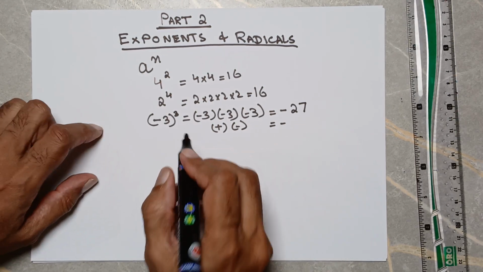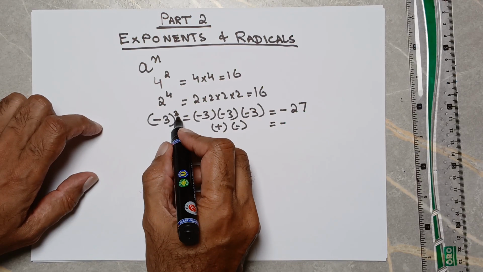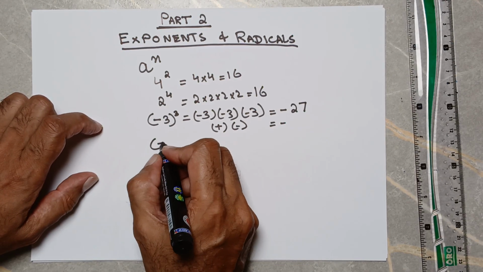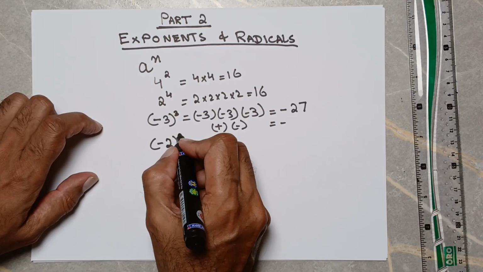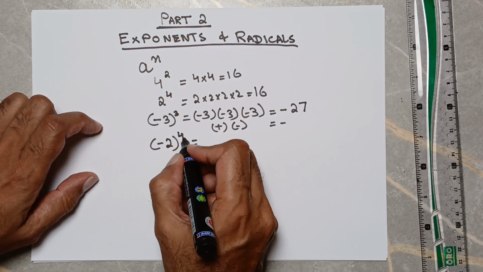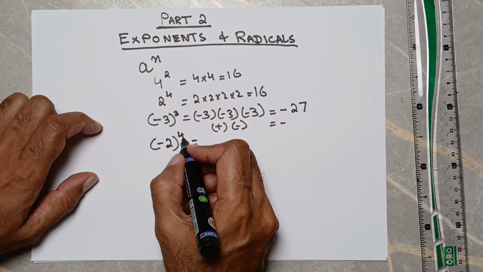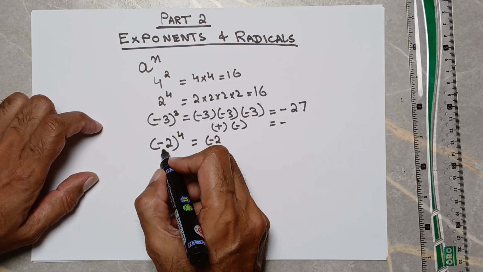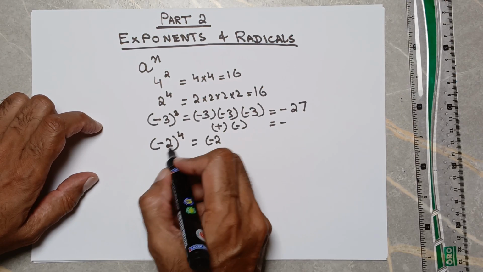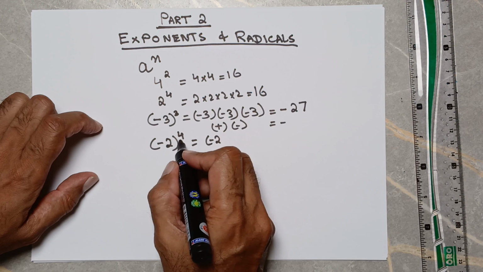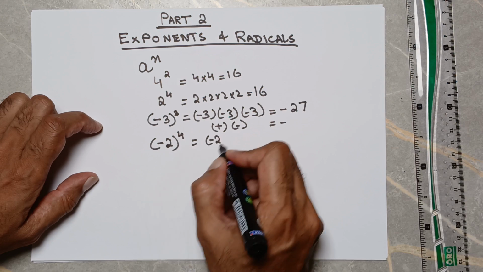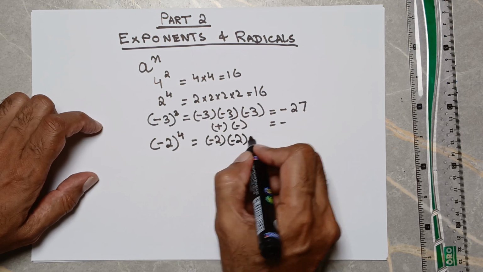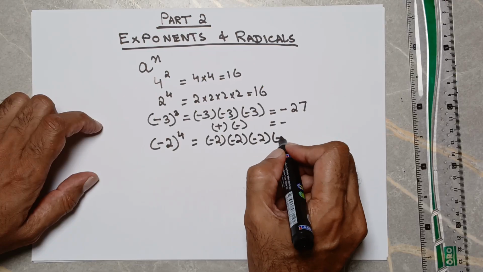But in case of an even exponent, suppose minus 2 raised to the power 4, now 4 is an even number. So I am going to multiply this base minus 2, which is inside a bracket, 4 times: minus 2, minus 2, minus 2 and minus 2.